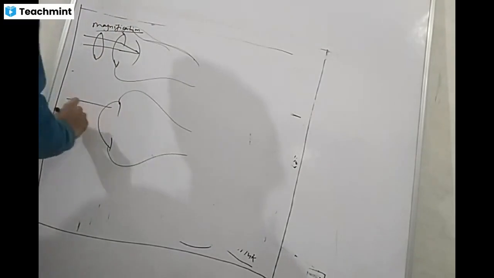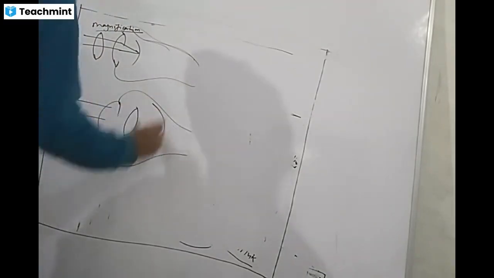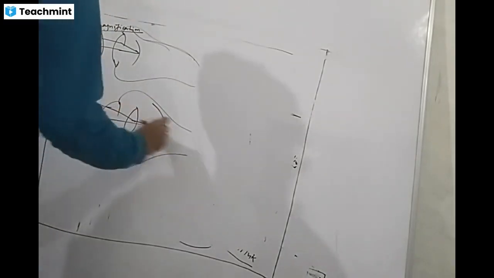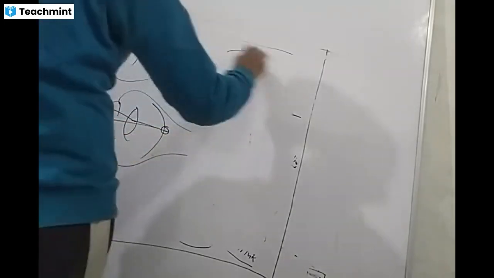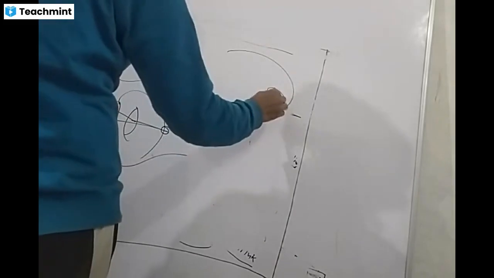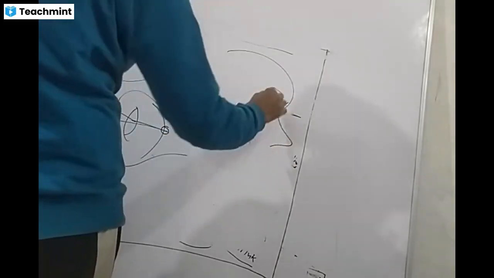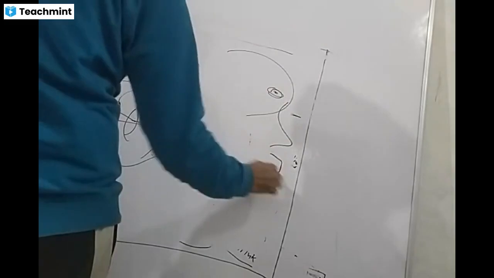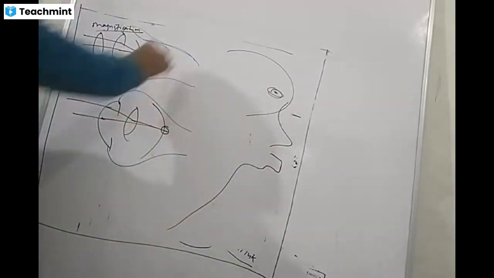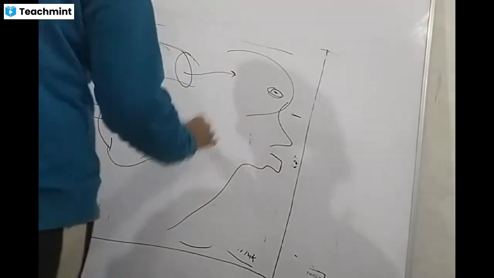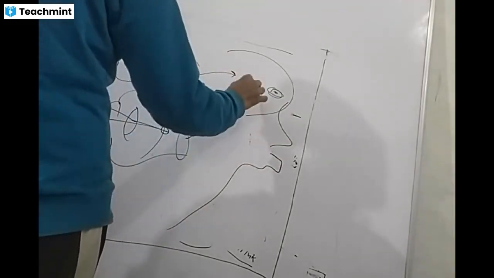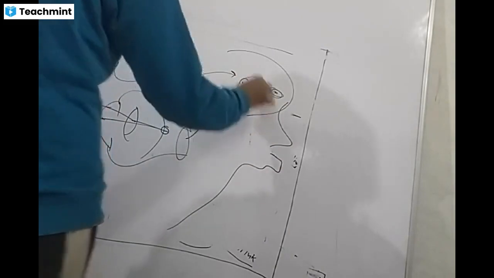This is your normal eye, normal lens, normal retina. It will focus on the retina. Inside the brain, from these two eyes, information will go and the image will be perceived.